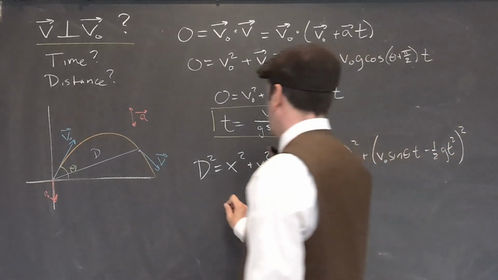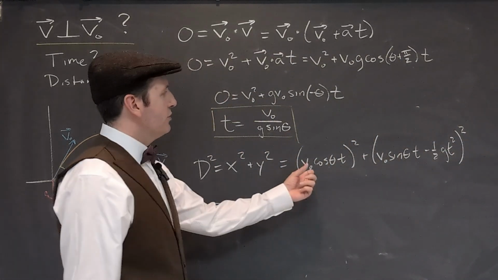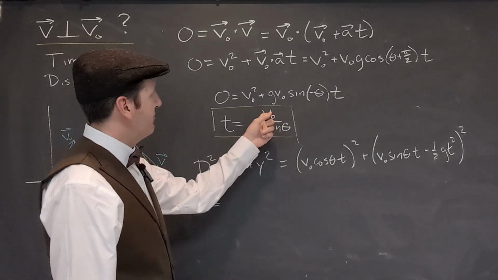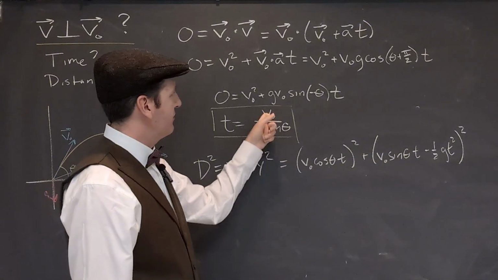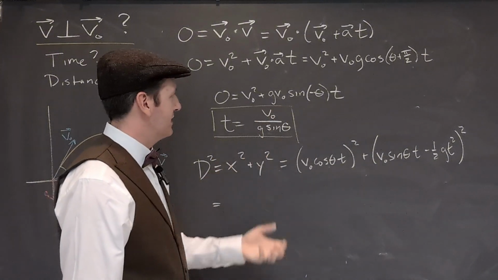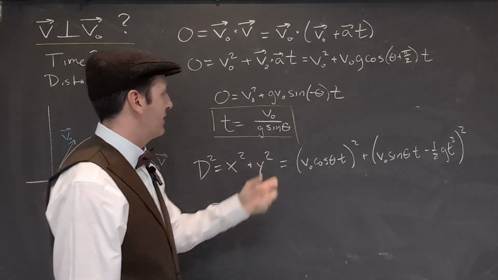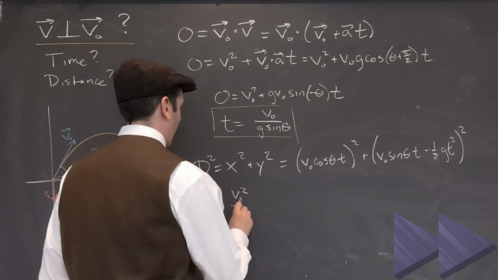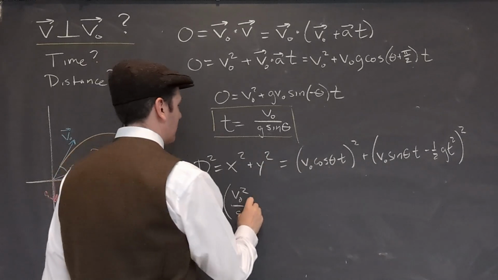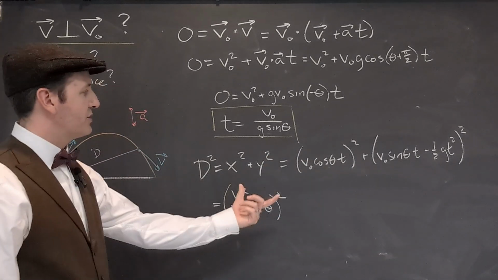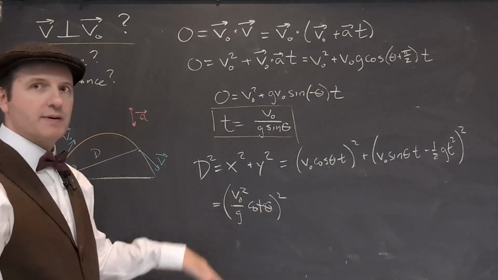Doing that will give me a v naught squared over g, that is a distance, cosine over sine squared. And of course, cosine over sine is cotangent. So that'll be my first term once the t has been plugged in.